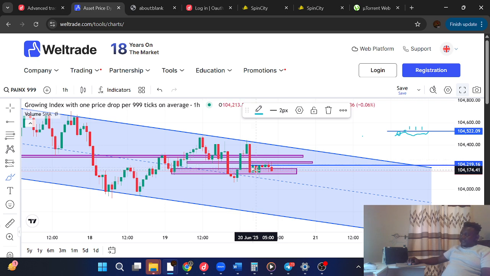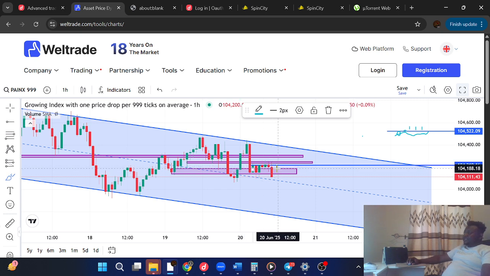Then we skip the second one, we skip the third one because they closed below, they didn't have their wicks above. Then we have the second red candle here, which closed below and created a wick above. And then we have this one, and then we have this one, and then we have this. As you can see, the market is already falling massively. So this alone would indicate a perfect sell for me.